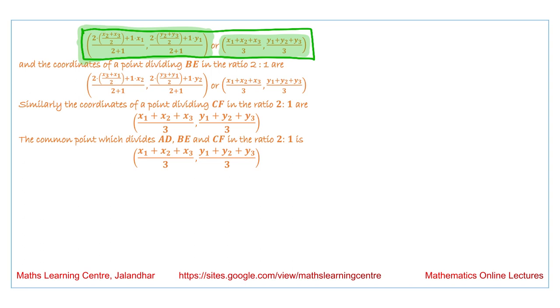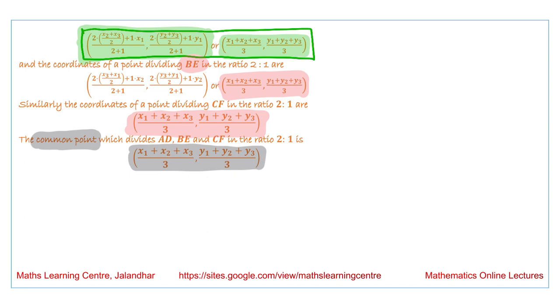Similarly, for another median, if we talk about BE, we calculate the centroid. These are the coordinates. Similarly, for the third case, these are the coordinates of the centroid. So what we obtain is that the centroid is a common point, the same for all three medians, and the coordinates of the centroid are given by (x1 + x2 + x3)/3 and (y1 + y2 + y3)/3.